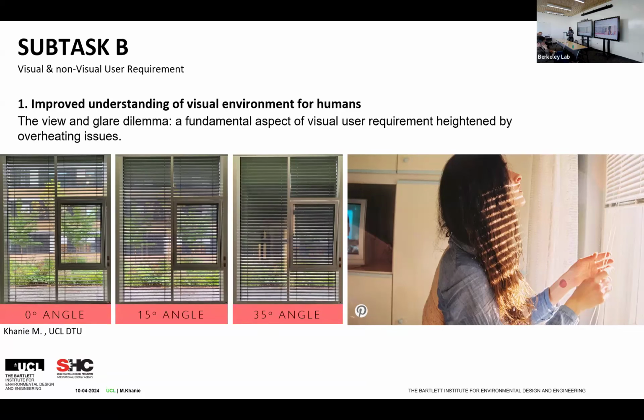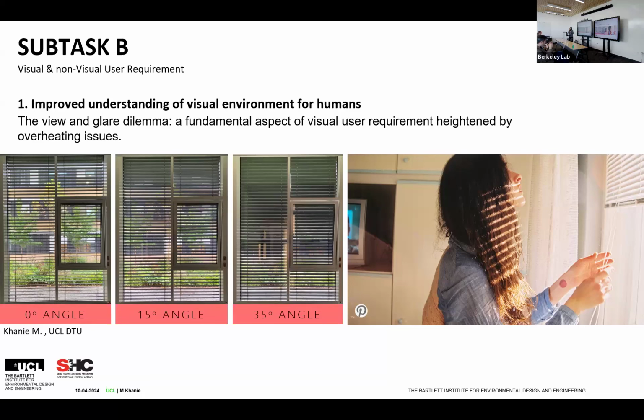So one of the main starting activities, or the tasks bundled together under this, is about improved understanding of visual environments for humans. Here a lot of the focus of the activities that we have is on the view and glare dilemma, which is, I guess, more and more important.